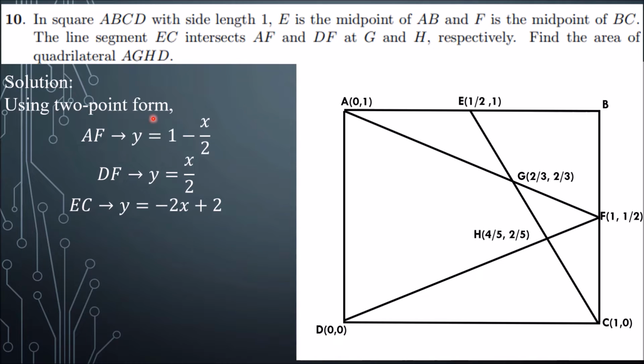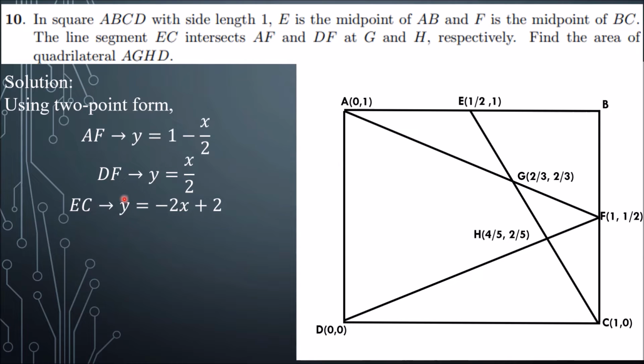Now using 2-point form to get the equation of the line AF, we'll get y is equal to 1 minus x squared. So that's the equation of this segment.